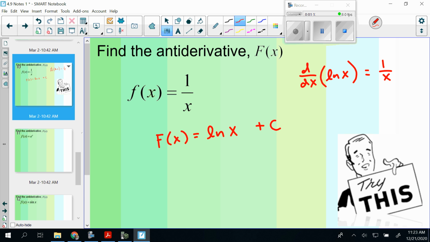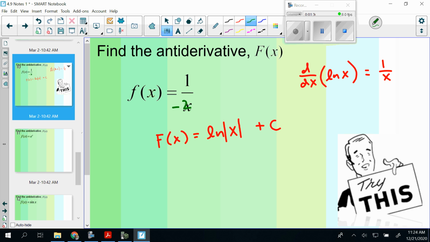And when doing antiderivatives, it actually comes out that it's the natural log of the absolute value of x plus some possible constant. And we put that absolute value sign on there because we could put negative numbers in here, like we can do 1 over negative 2.